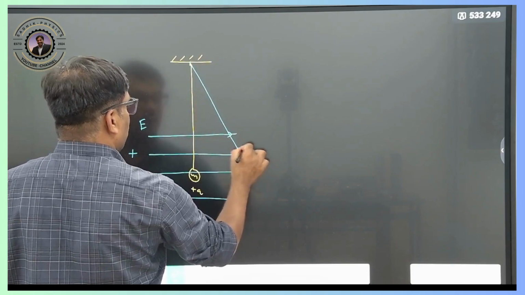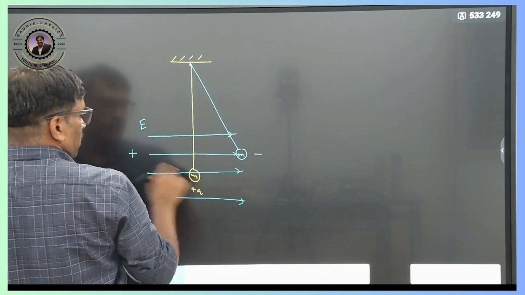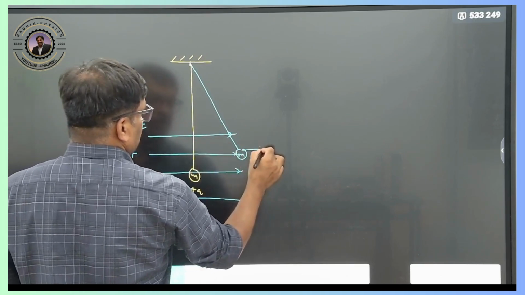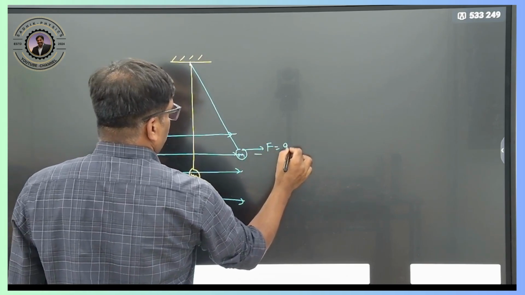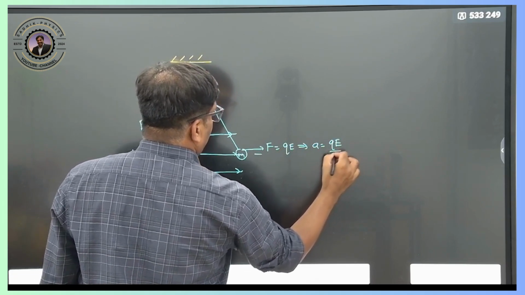When it comes here, the positive charge experiences a repulsion force. F equals qE, which implies acceleration equals qE by m.